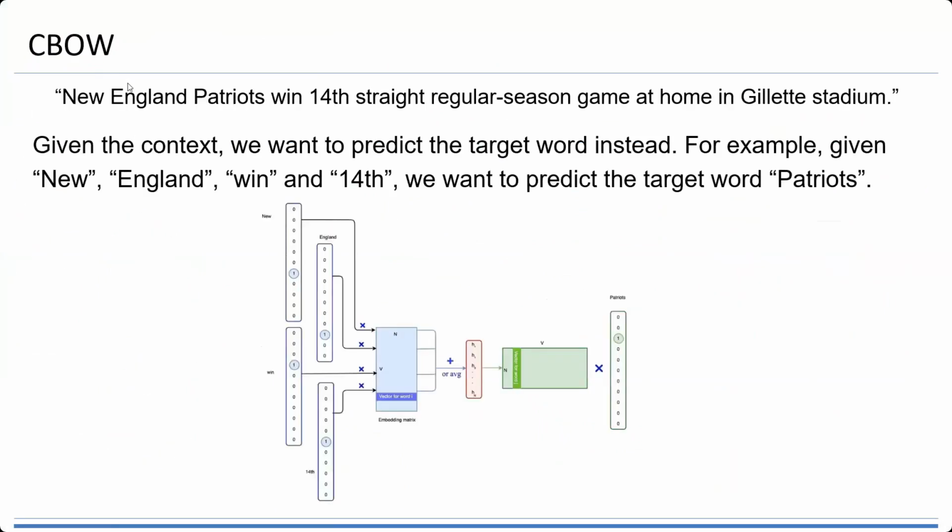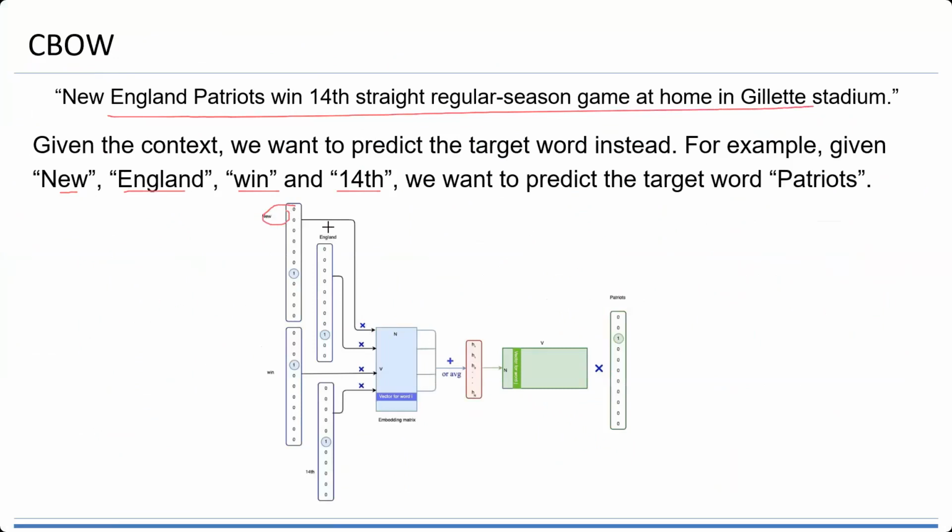With the same idea, take the sentence "New England Patriots win 14 straight regular season games at home in Gillette Stadium." We give the context: New England win 14.